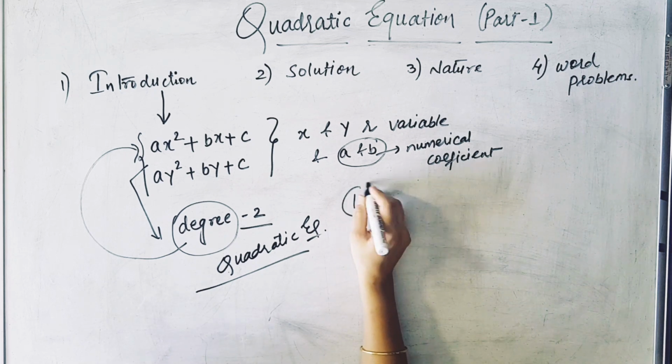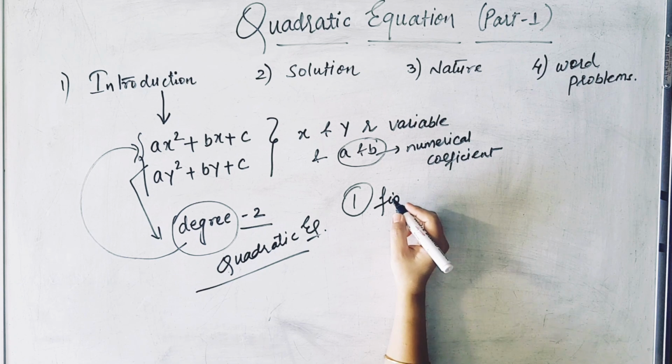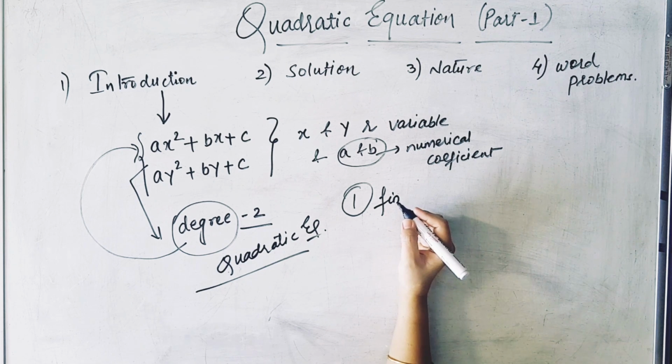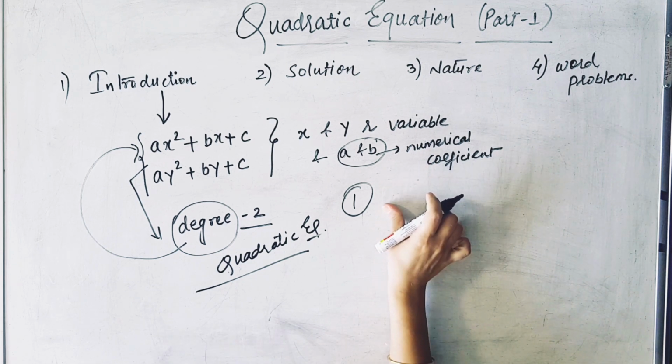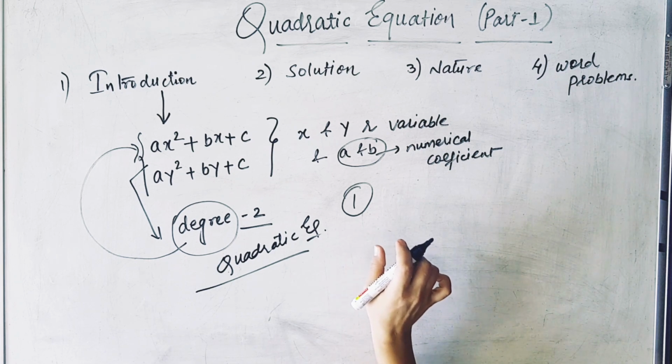Now the question comes in this part only. They say prove that. What you have to prove? They give us one question and then they say prove that this value is a solution of this quadratic equation. So in that question, what we do, we put the value of x over there only.